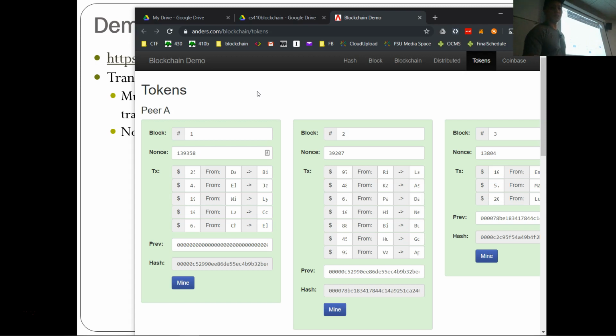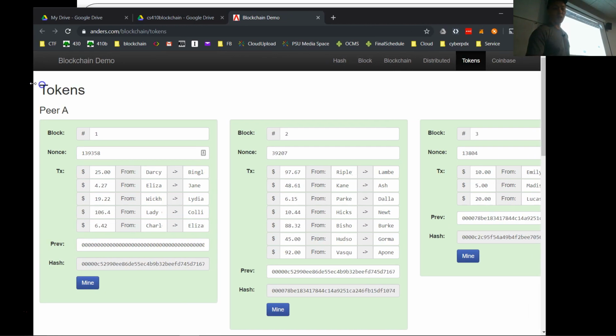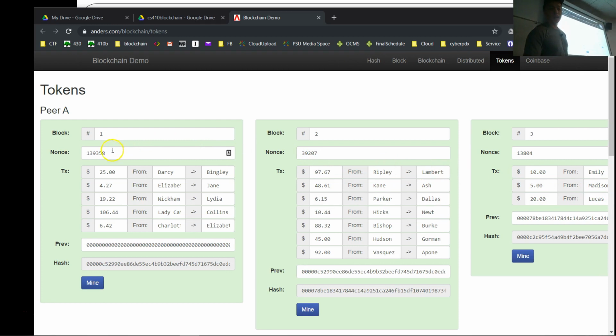You're not going to see balances of Bitcoin wallets. You're only going to see whenever certain wallets, like Darcy's wallet, transfer to, who's this? Bingley's wallet. You're only going to see transfer transactions on the Bitcoin blockchain. Okay.